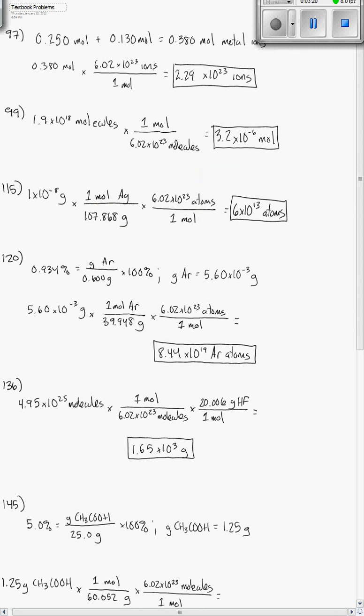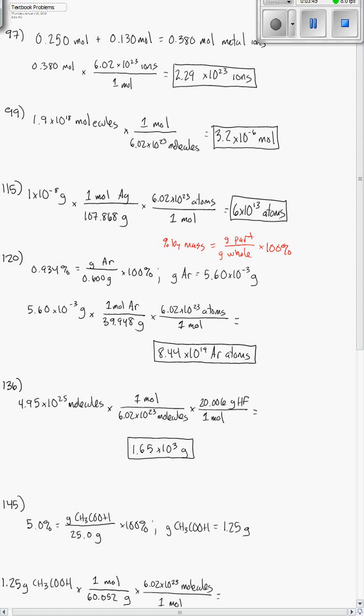Okay, in number 120, we're adding another layer onto our existing framework. In this case, instead of starting with just a mass of argon, we're starting with percent by mass. And it's important to remember the percent by mass formula in order to solve this problem. So you can look at the formula. Percent by mass equals the grams of the part over the grams of the whole thing times 100%.